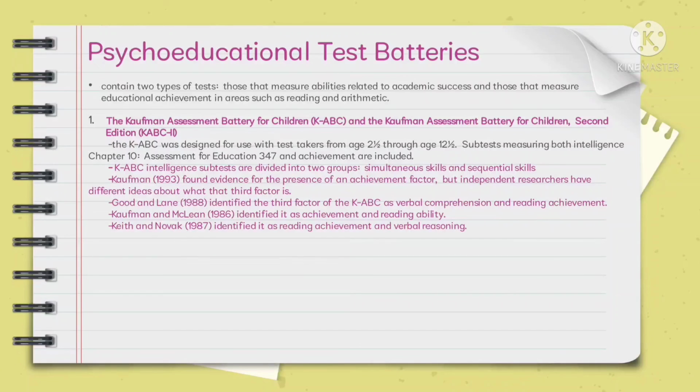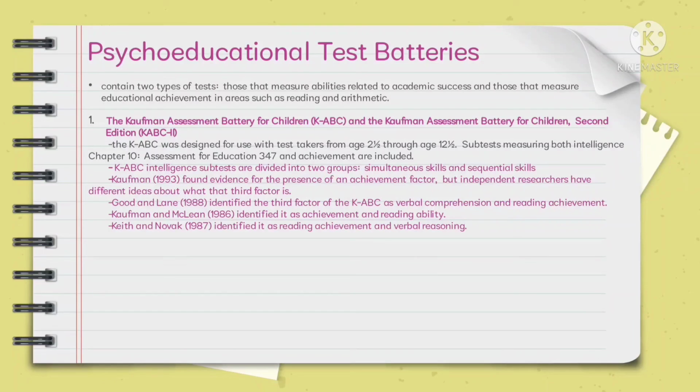Perhaps surprisingly, it is an achievement factor that researchers have had difficulty finding. So, Kaufman, 1993, found evidence for the presence of an achievement factor, but independent researchers have different ideas about what that third factor is.